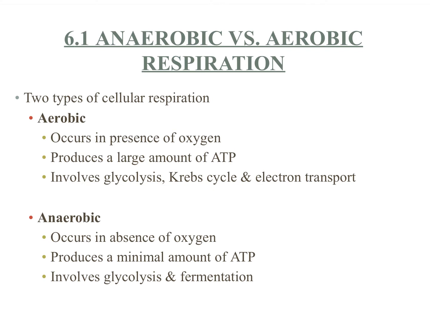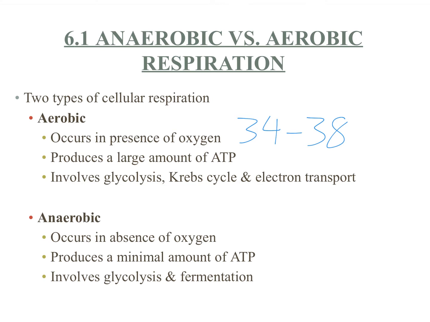Now the big deal here is that with aerobic, when we have oxygen available, we're going to get a high yield of ATP, a lot of ATP. Best case scenario, we could be talking anywhere from 34 to 38 ATP under ideal conditions.